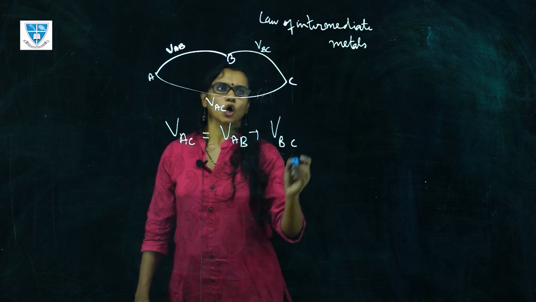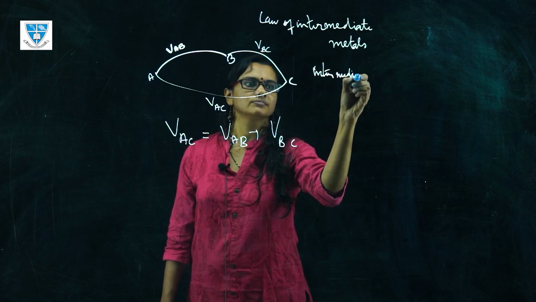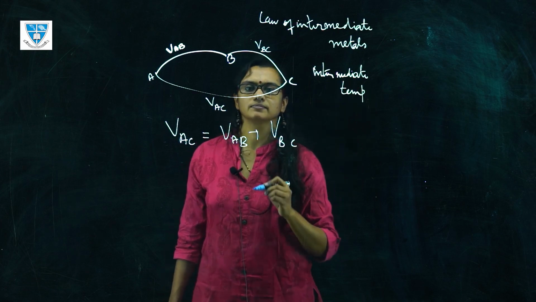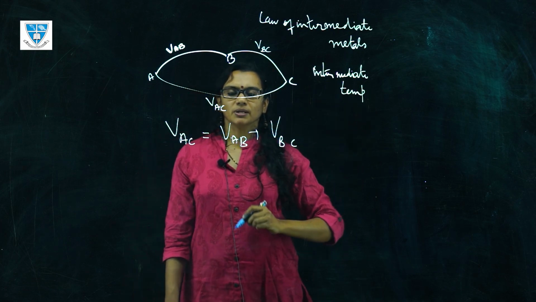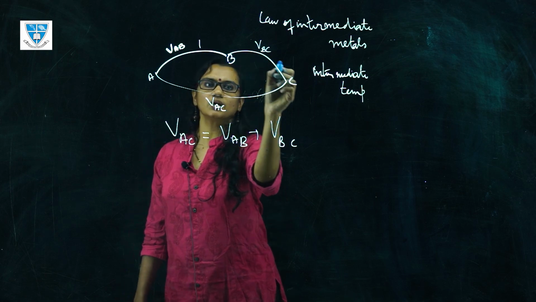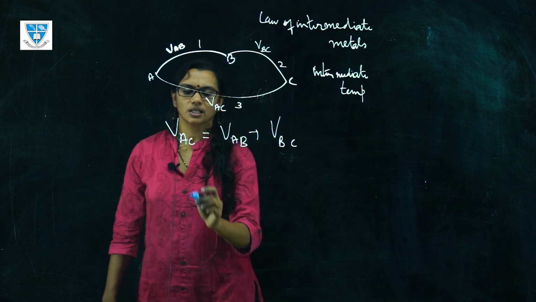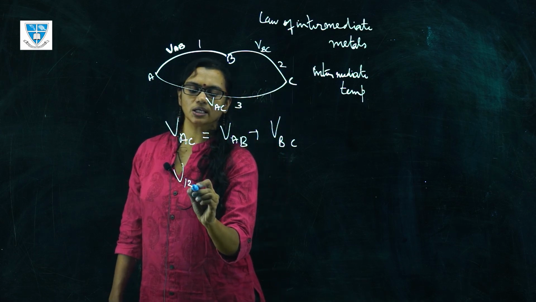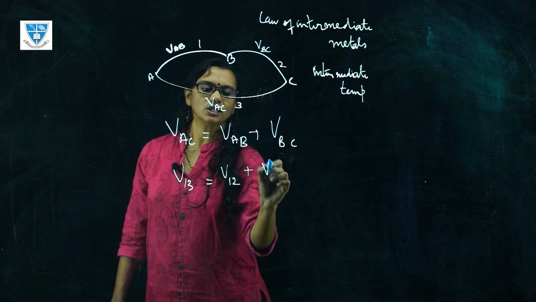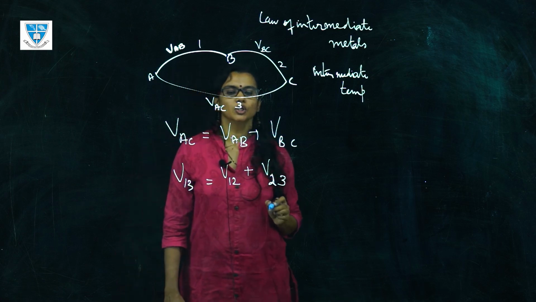Similarly, we have the law of intermediate temperature. If you have two junctions, and let's say a first, second and third temperature, then V13 can be written as V12 plus V23.